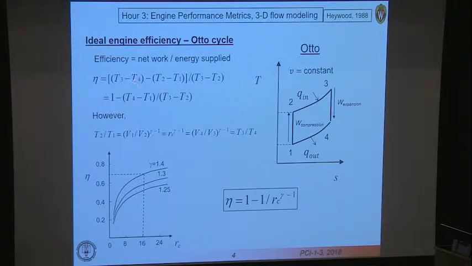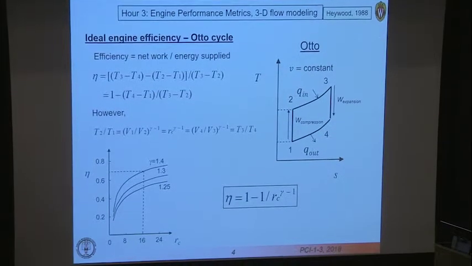So T3 minus T4 is what we got back. The compression work was T2 minus T1, or the enthalpy change. And so the net work is the difference between those two. And then the energy supplied, Q in, is T3 minus T2. So when you work all of that out, you get this equation.